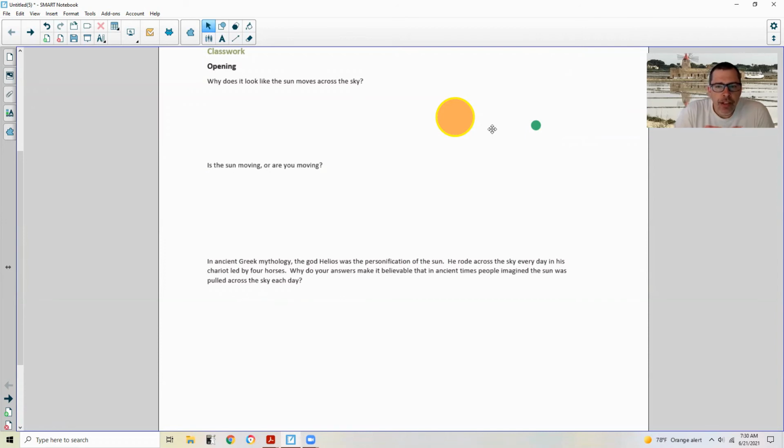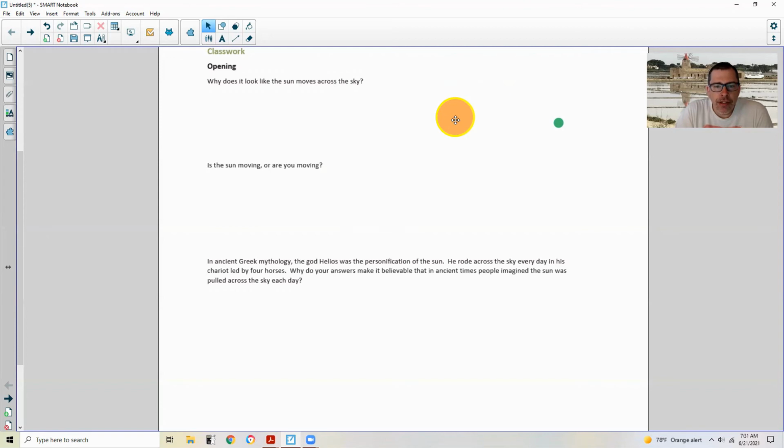Now it says, is the sun moving or are you moving? Well, we're definitely moving. We go around the sun like this. We're definitely moving, and we're rotating as we're moving, okay? But I would say the sun is also moving because our entire solar system is moving, but the sun is at the center of our solar system, which is within the Milky Way galaxy, and the galaxy is moving.